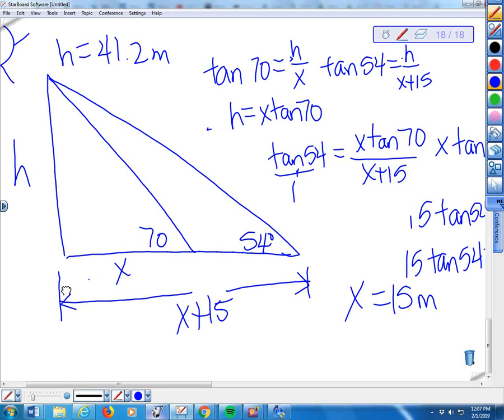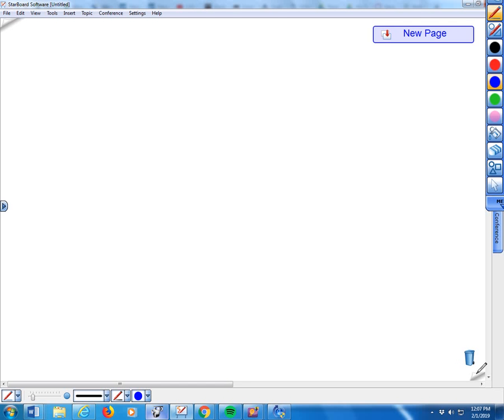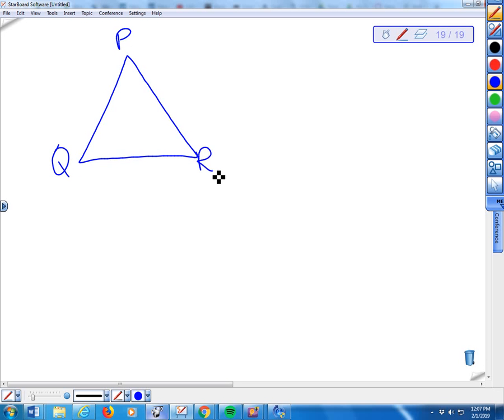Number 8. In triangle PQR, P is 69, opposite sides 3.7, Q is 57. Solve the triangle.